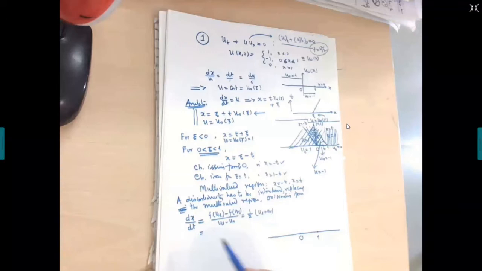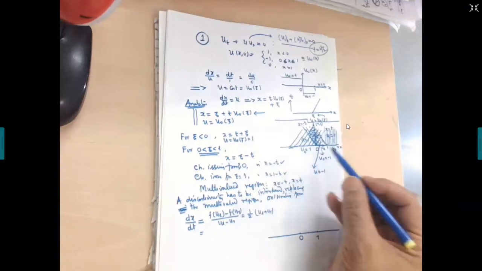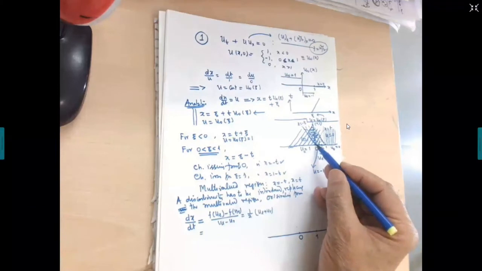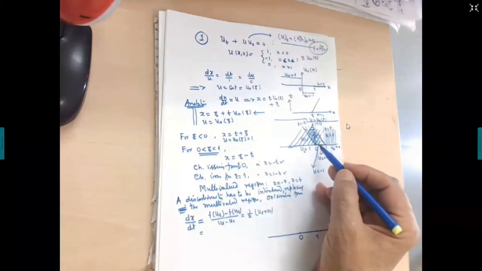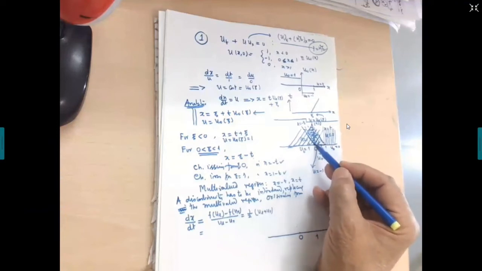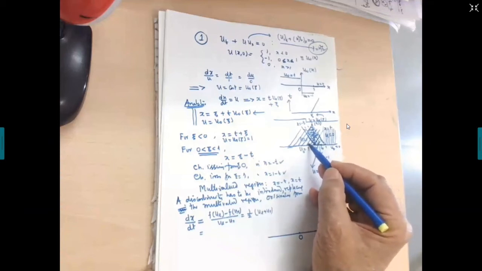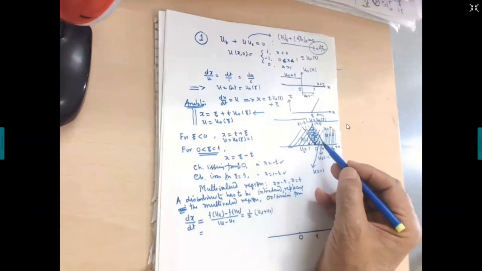Now you can see here, if I introduce a discontinuity originating from here, what is the value just on the left and just on the right? Because it originates from this point, on the left it is 1, on the right it is minus 1.